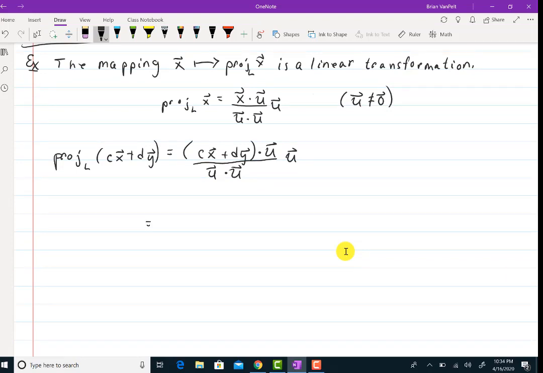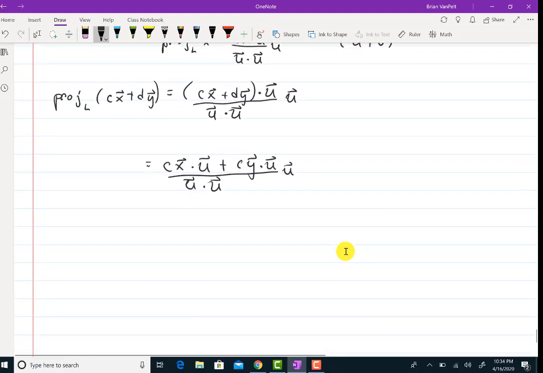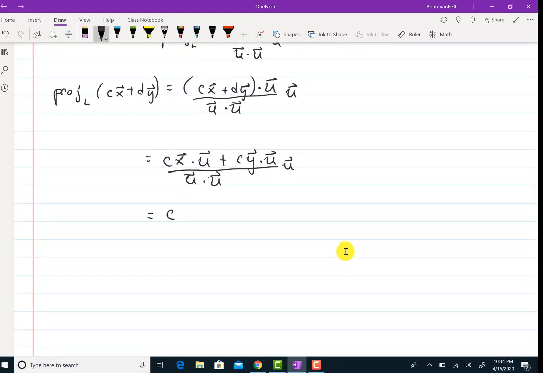That equals, let me break up the numerator of this, so I have cx dot u plus cy dot u all over u dot u times u. Let me break that fraction up. So I get cx dot u all over u dot u times u plus dy, that y has an arrow above it, dot u all over u dot u times u.